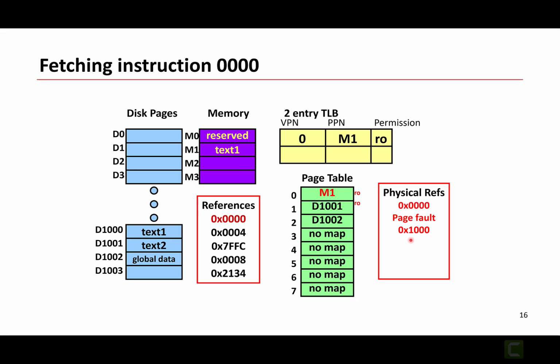So the main memory physical address would be 1, which is the most significant hexadecimal digit, followed by the page offset, which is going to be all zeros. Remember, our page size is 4 kilobytes, which is 12 bits for the page offset, which translates to 3 hexadecimal digits. So the page offset comes from the last 3 hexadecimal digits from the virtual address, and I have that same thing here.